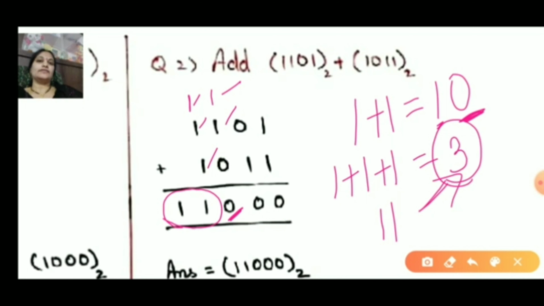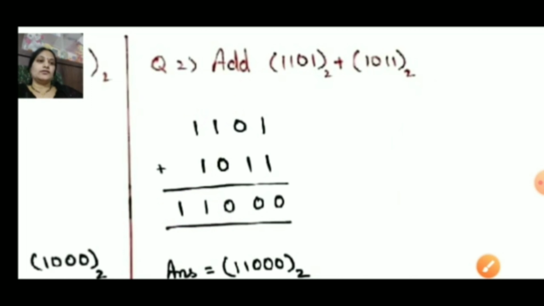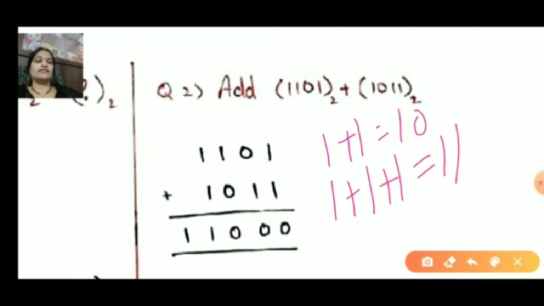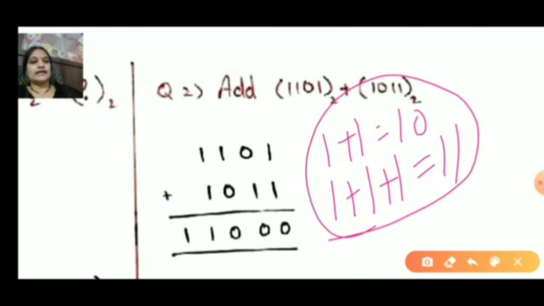Mainly you have to remember that 1 plus 1 is equals to 1 0 and 1 plus 1 plus 1 is equals to 1 1. Okay. If you keep these rules in your mind, then you can easily do this type of problems.